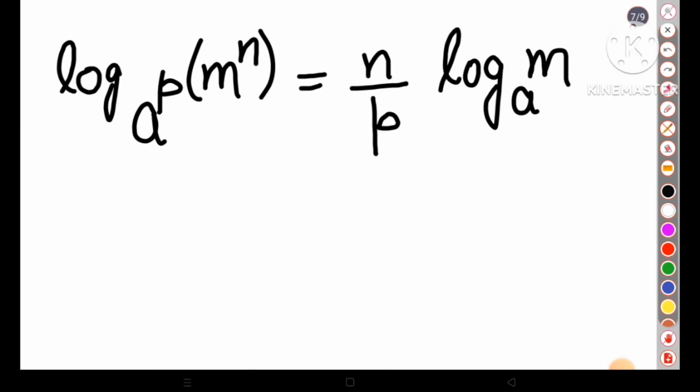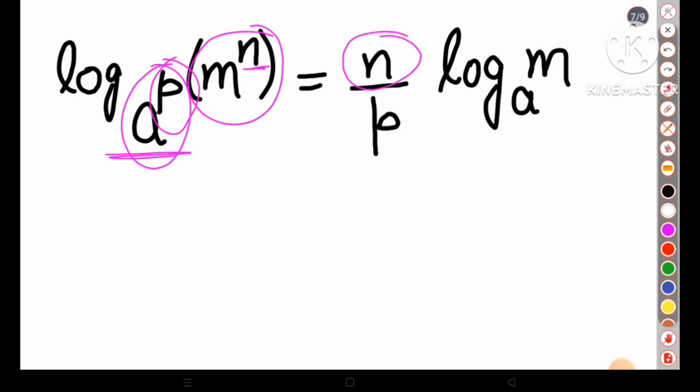The next property is when both the base and the input has powers, that is log m raised to the power n with base a raised to the power p. In this case, the power of the input upon the power of the base into the log function.